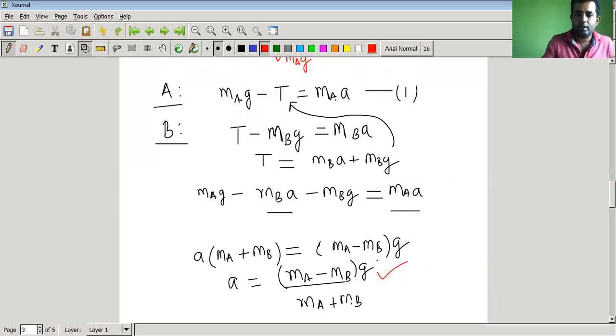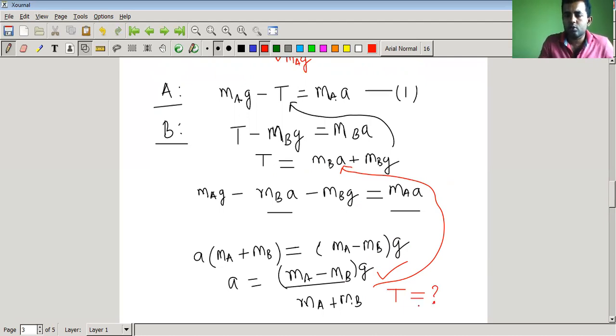This a can be substituted here, and you can rearrange it, and you can calculate the value of the tension. That I'm leaving for you to find out. So these are two of the simplest examples to start Newton's second law of motion. We'll see some more examples in our coming classes. Thank you.